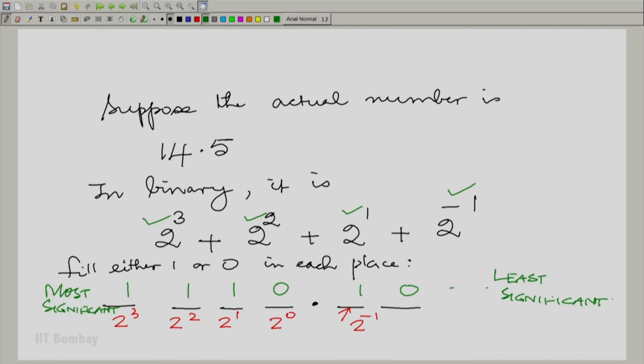So the philosophy is, you start by questioning what is the most significant bit. Is it a 1 or a 0? Now if it is a 1, the number has to be more than 2 raised to the 3. So you put down a 2 raised to the power of 3, that is 8, and compare it against the number.